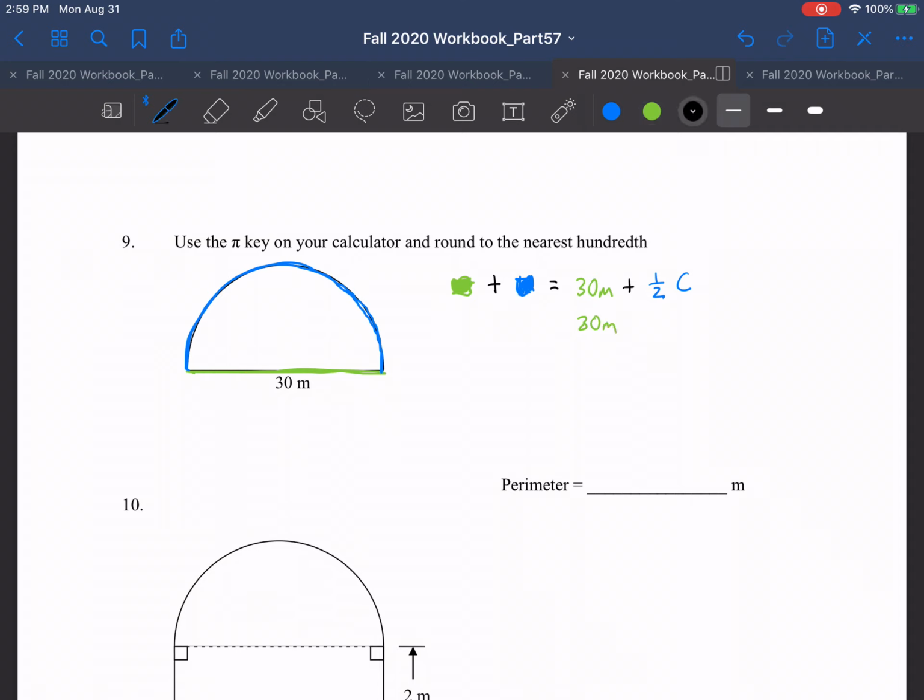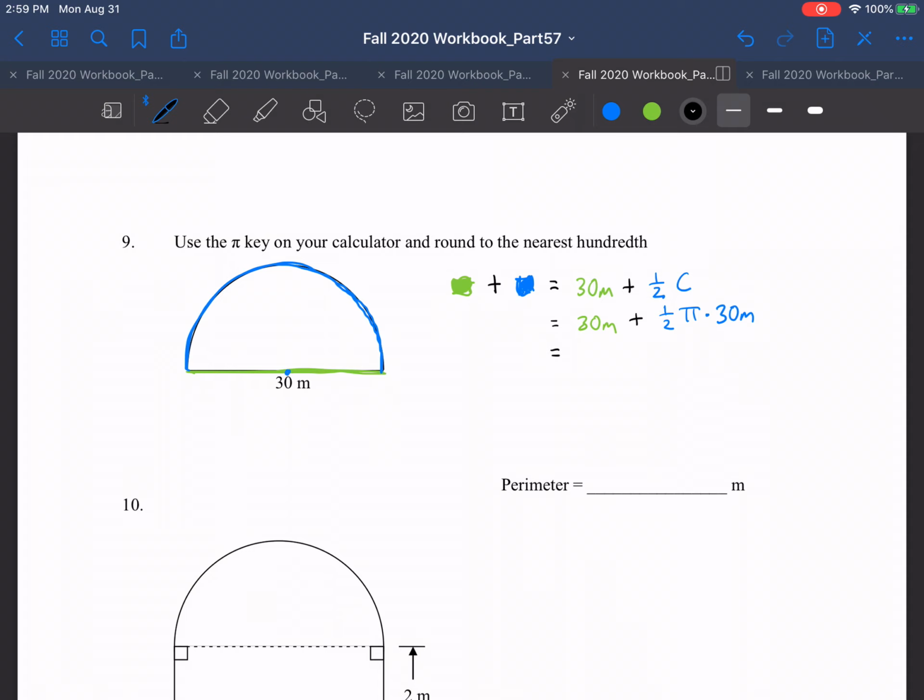30 meters plus 1/2 times the circumference. Now, in this case, we know the diameter, so we'll just do pi times the diameter, which is 30 meters, because if this is half a circle, this is going right through the center, it's the diameter, so times 30 meters. All right, and so you can plug this into your calculator and get a number for this and check it in your answers in the back.